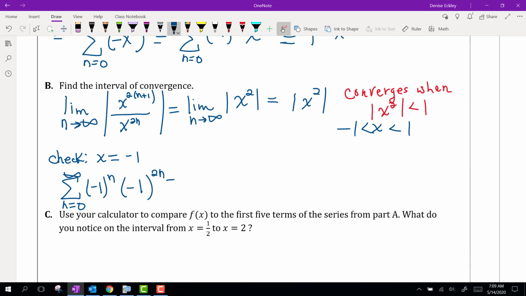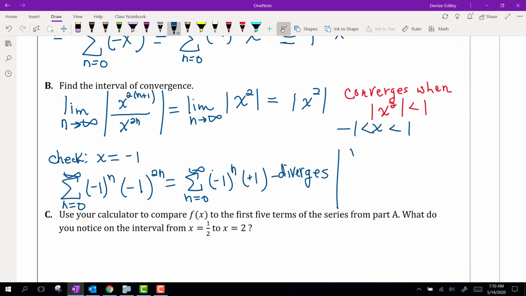Simplifying this, we get negative 1 to the n times a positive 1, because it's always going to be positive. So this is going to diverge, because it's just going to be negative 1, positive 1, negative 1, positive 1. So this diverges.